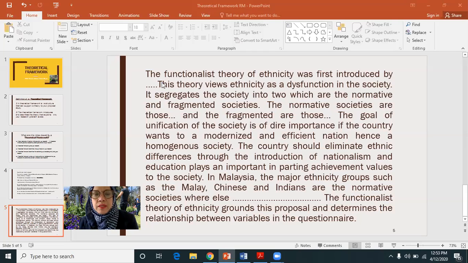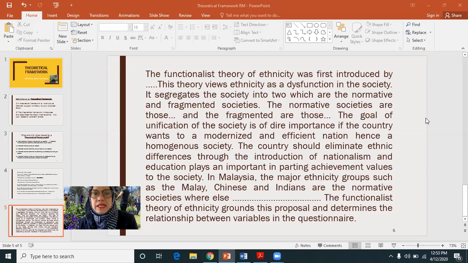The functionalist theory of ethnicity was first introduced by, okay, the name of the person who came up with this theory. This theory views ethnicity as a dysfunction in the society. It segregates the society into two, which are normative and fragmented societies.